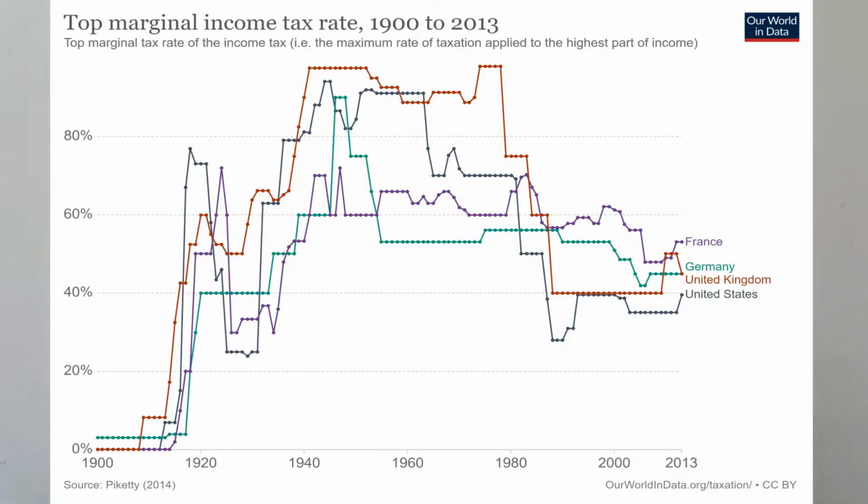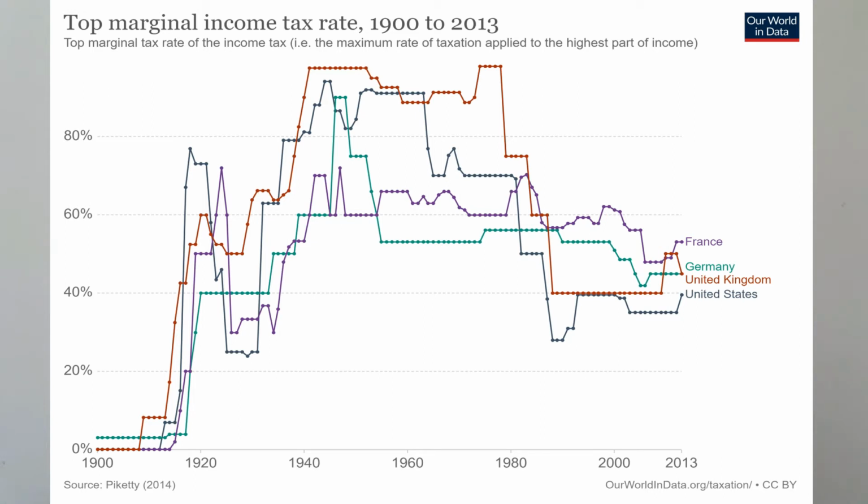So hopefully on screen at the moment you should be able to see we have a PowerPoint presentation. This will show different marginal tax rates over time in both the US and the UK. You'll see how the top rate of tax has changed over a period of time.